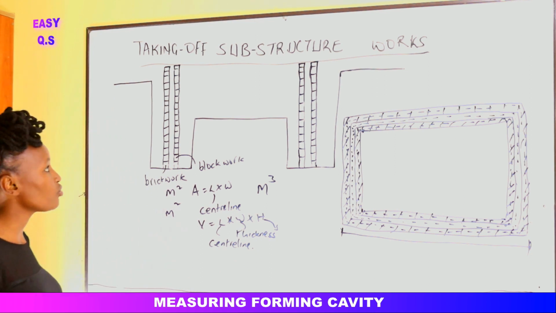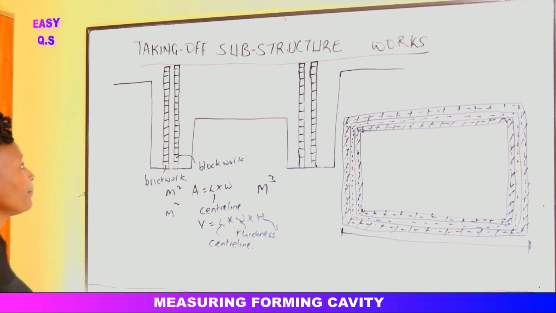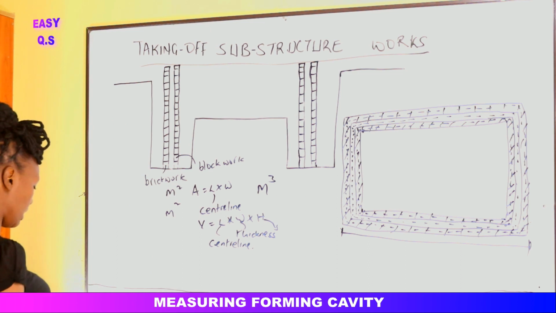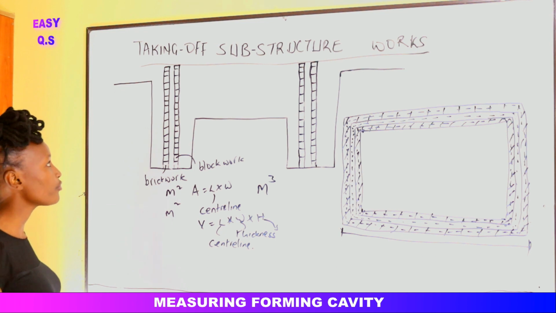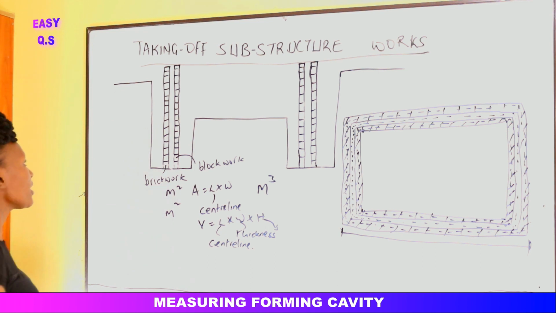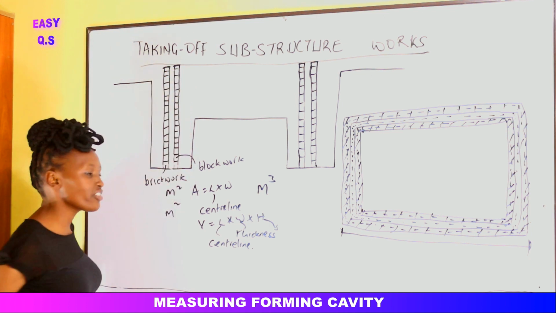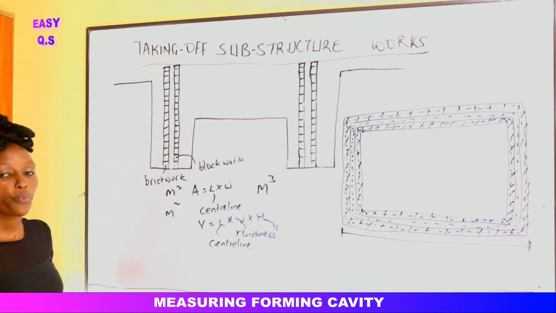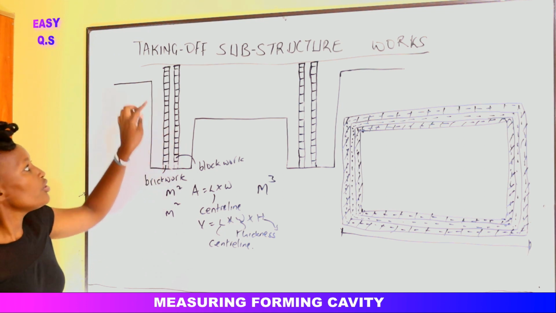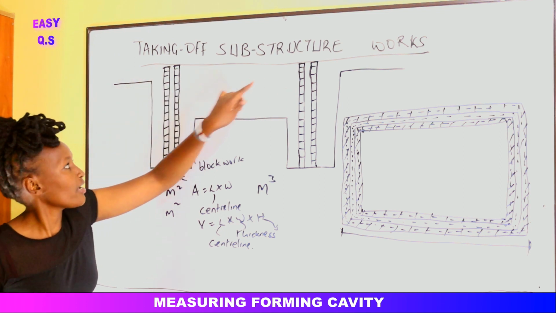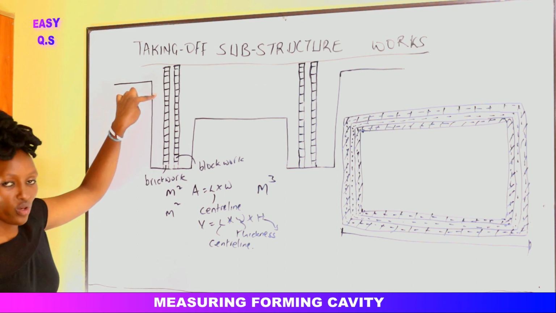The next item that we shall do is the DPC, the damp proof course. The damp proof course is usually placed on top of these walls. You see, in countries where we use cavity walls, we don't do concrete inside here. The concrete doesn't go into the wall.